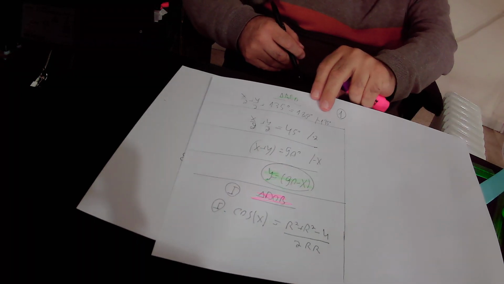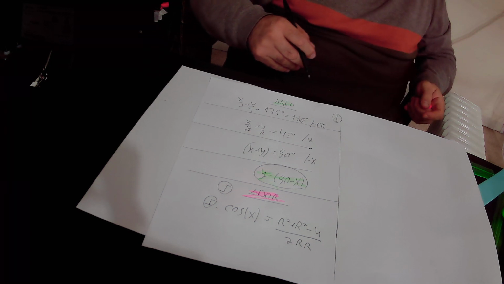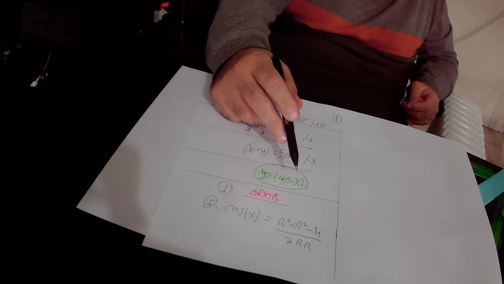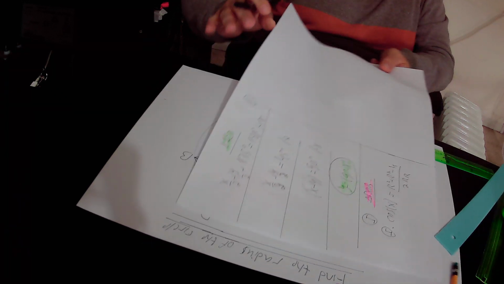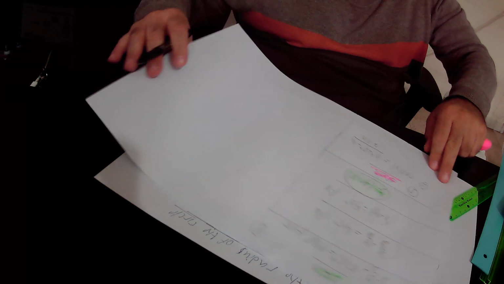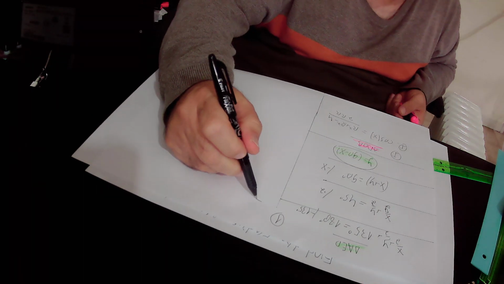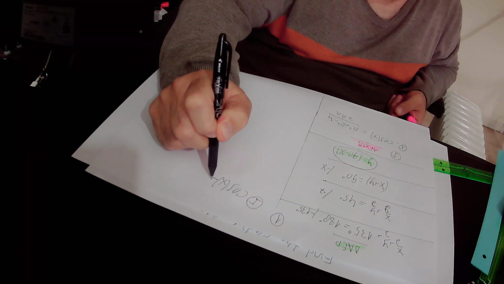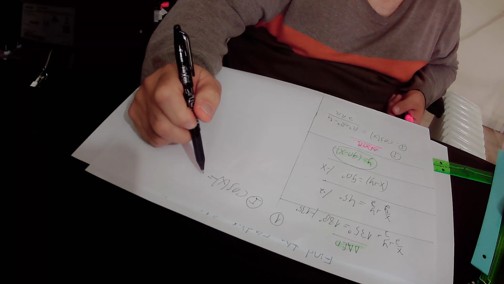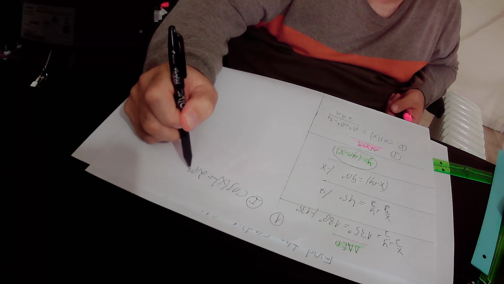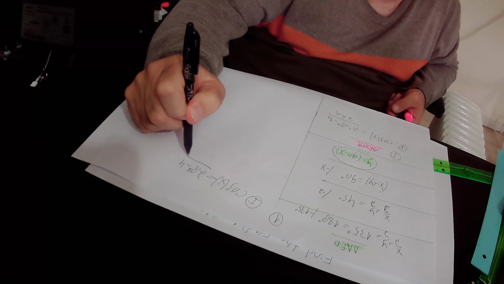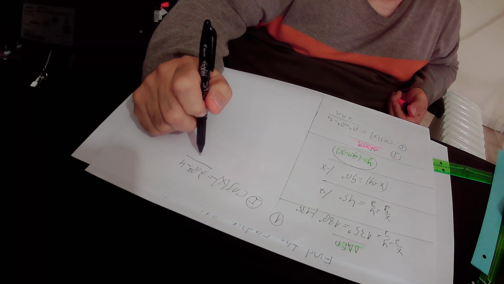So according to equation number 1 and the law of cosines, in the pink triangle DOB, cosine x equals r squared plus r squared minus 4 over 2 times r times r. Totally, cosine x equals r squared plus r squared, which is 2r squared, minus 4 over 2r times r, which is 2r squared.